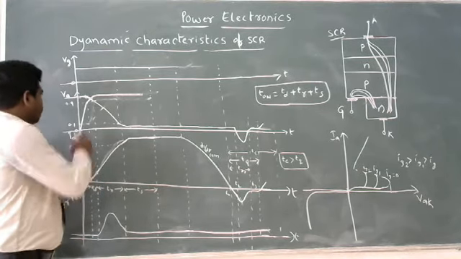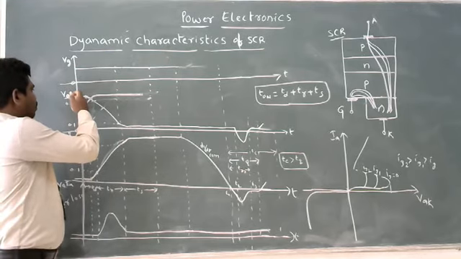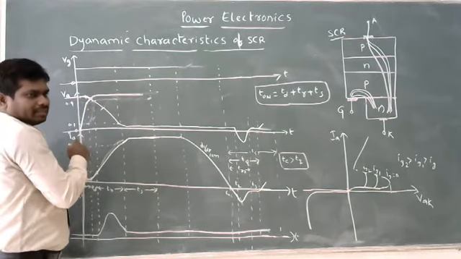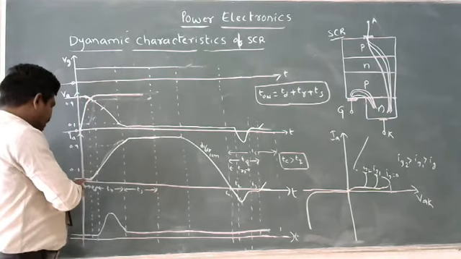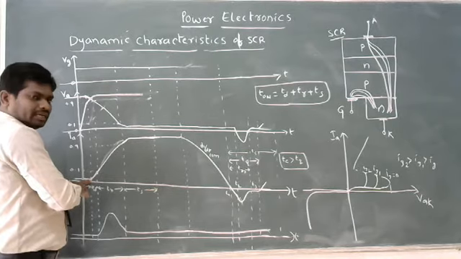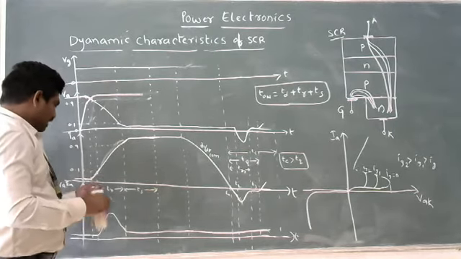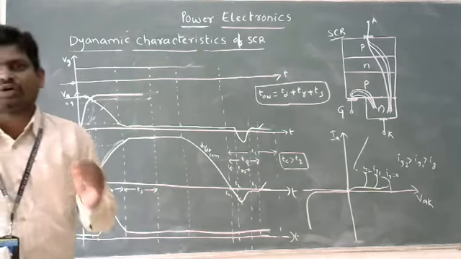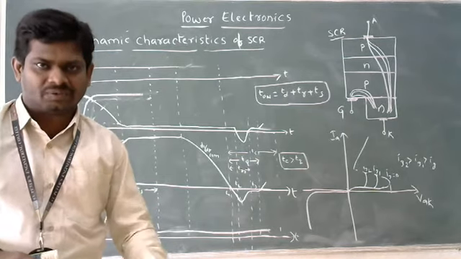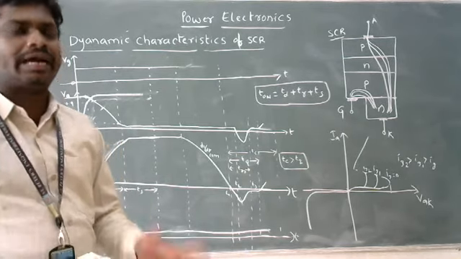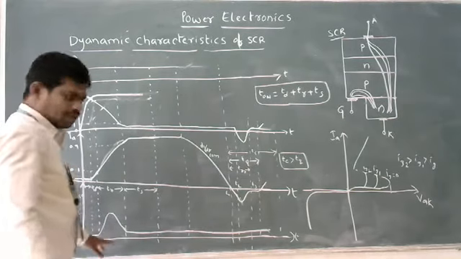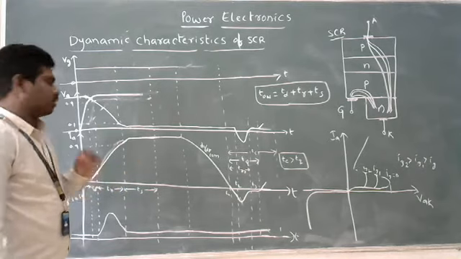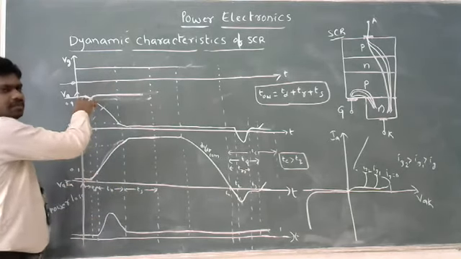So the anode voltage is reducing from 100% to 90% of its maximum value, and the anode current is increasing from 0 to 10%. The time taken to increase the anode current from 0 to 10% of its maximum value is called delay time. Am I clear? We can define the delay time in other words also, look at this in terms of anode voltage.